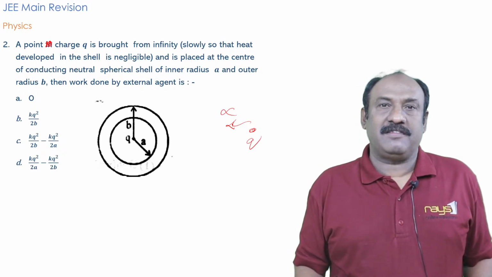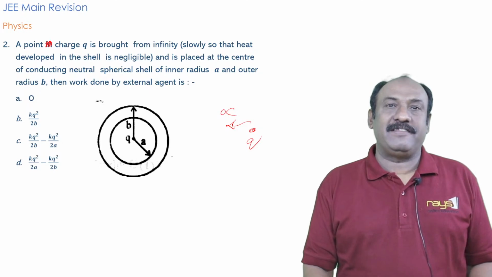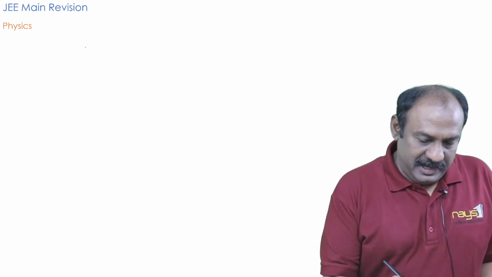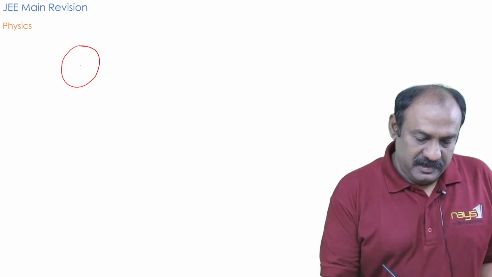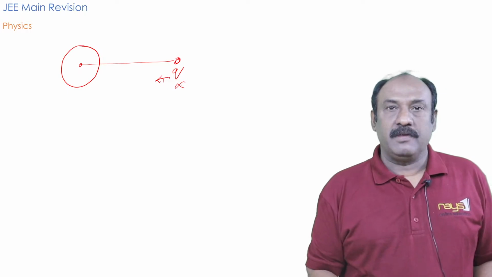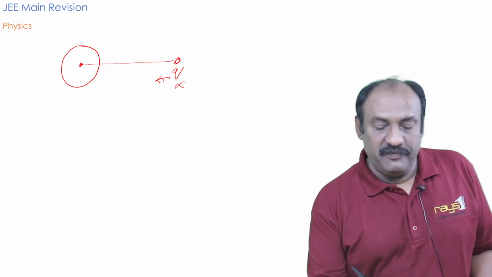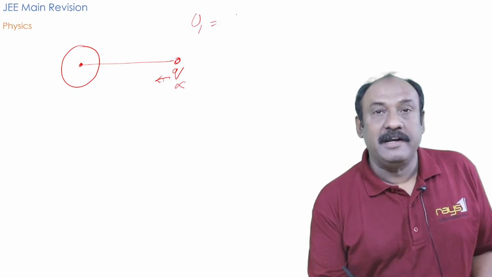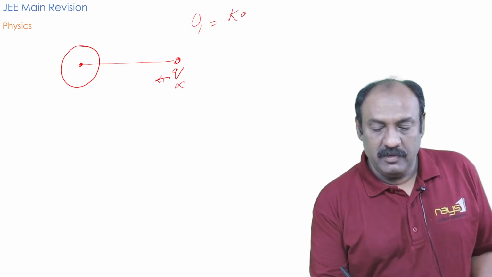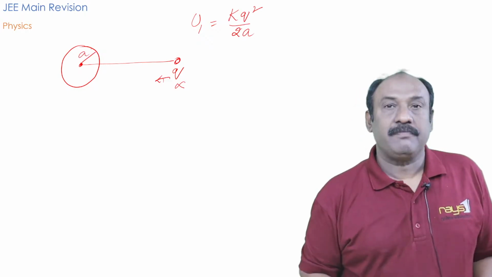from infinity to the surface of the shell or center of the shell, is nothing but called its self energy. So for any shell, the amount of work done to move a charge from infinity to its center is called its self energy. For shell 1 it is K into Q square by 2A, let A be the radius.